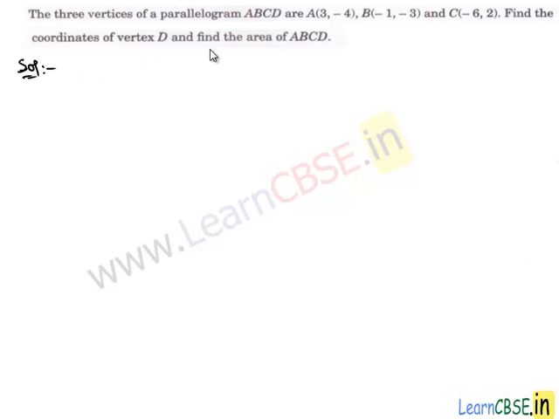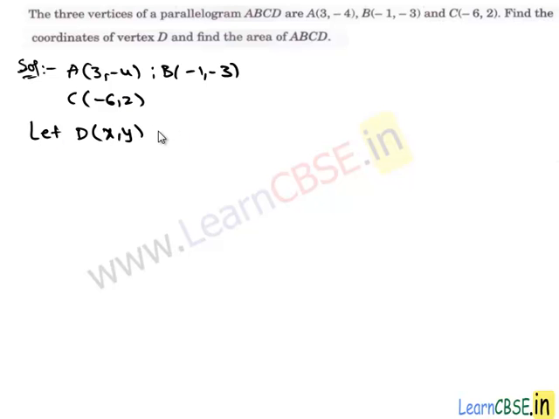Here the vertices of the parallelogram are A(3, -4), B(-1, -3) and C(-6, 2), and we assume D with coordinates (x, y) to be the vertex.